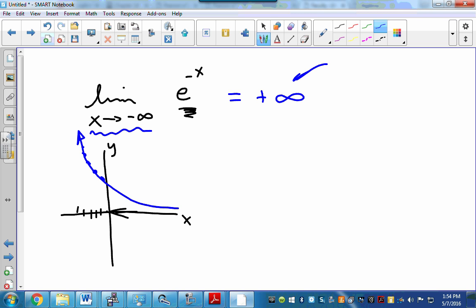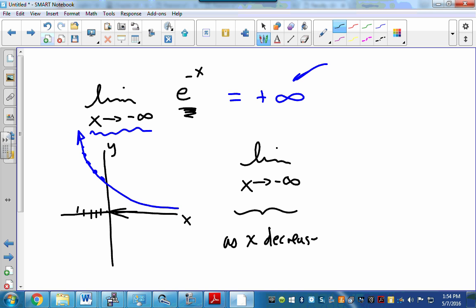We could also say, because the function is not approaching a single finite number, that we are allowed to say, as x approaches negative infinity, sometimes this is read as x decreases without bound. In other words, more and more negative, B-O-U-N-D.